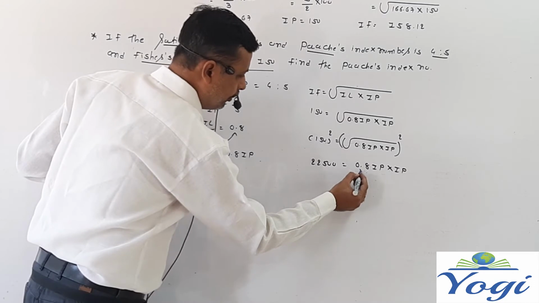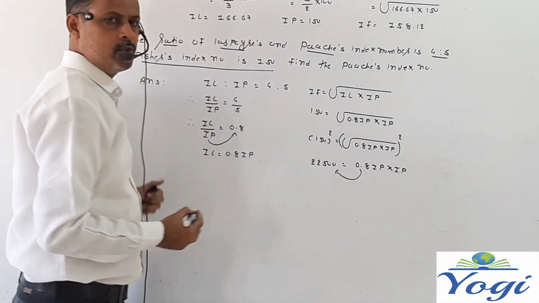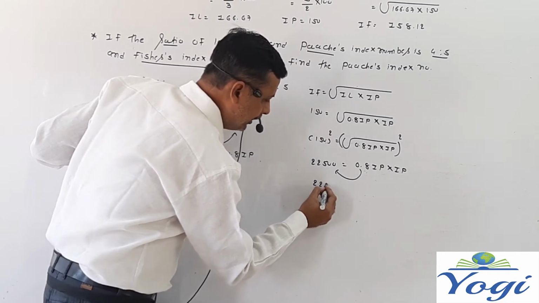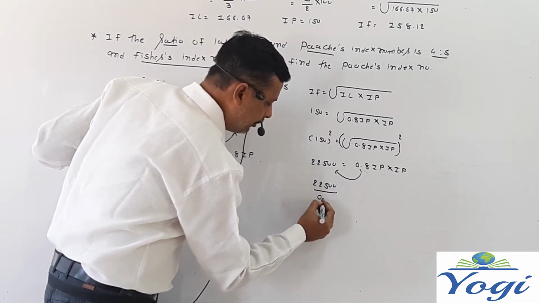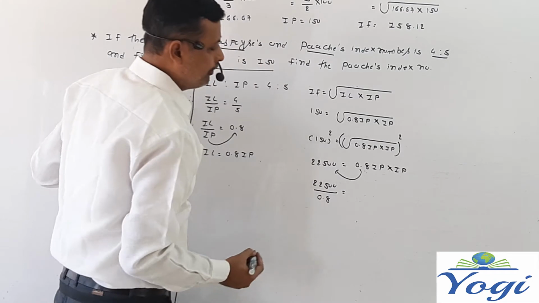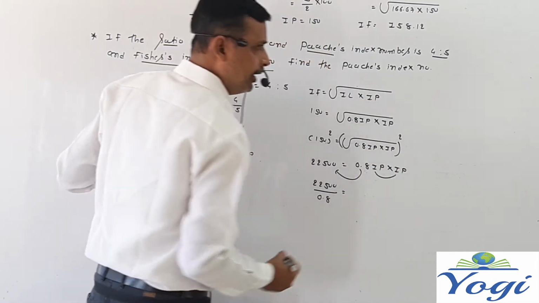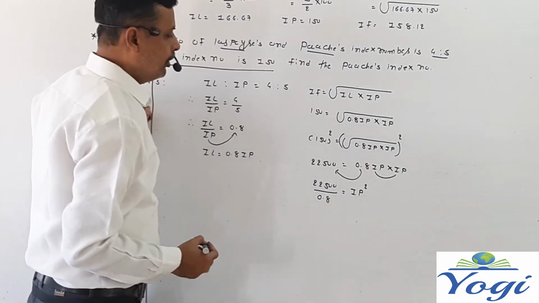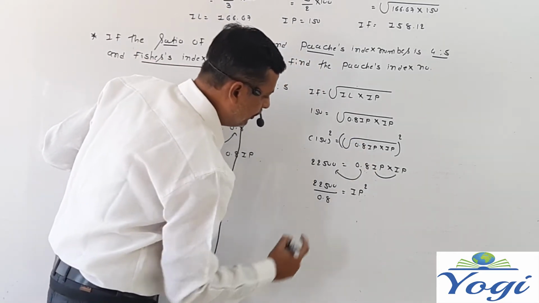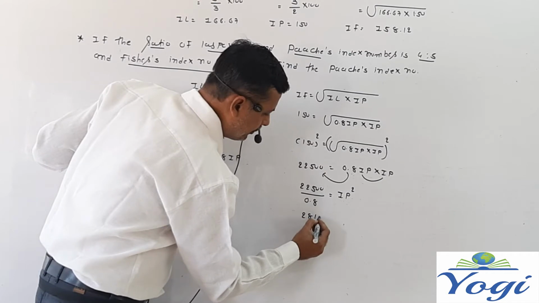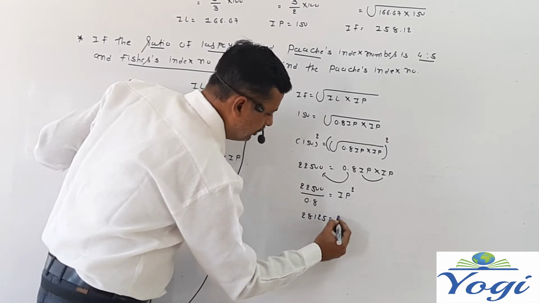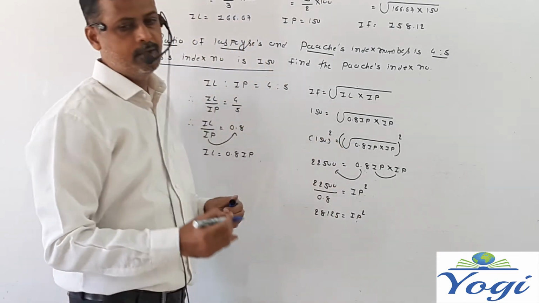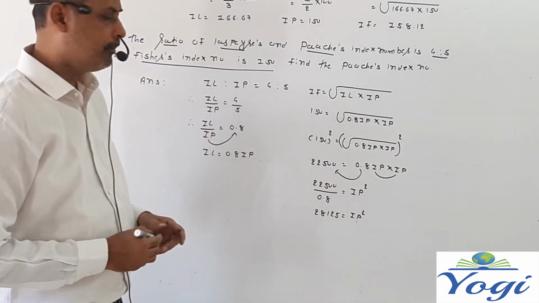If I take 0.8 to the other side, the multiply relation becomes divide. 22,500 upon 0.8, IP into IP becomes IP square. 22,500 upon 0.8 becomes 28,125 is equal to IP square.